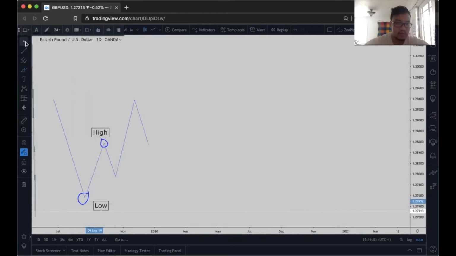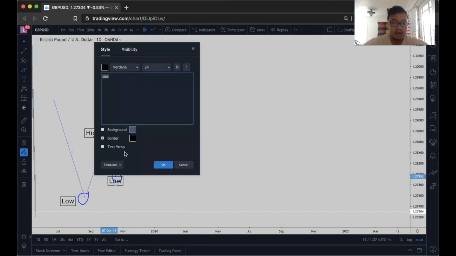Now, it's very important to identify these because this is where you get a pretty good sense of direction. It gives you a nice area to actually enter. These pullbacks happen within the markets, and you'll see that when we get to the live chart. So then price makes this low.